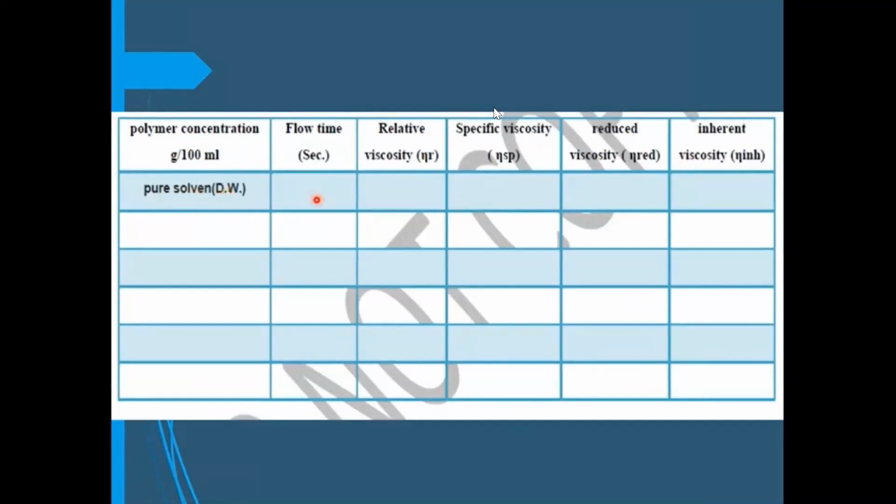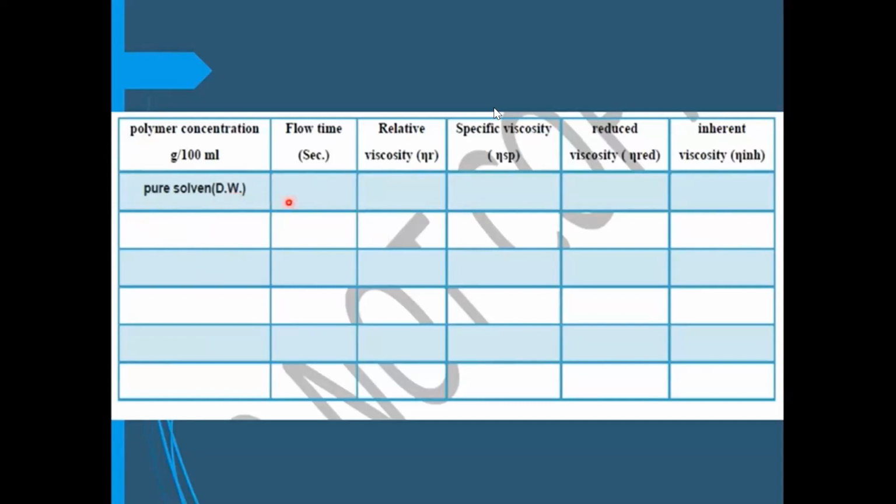That means T naught is the flow time for distilled water, and T1, T2, T3, T4, T5 are the flow times for the different concentrations of polyvinyl alcohol. We will explain how to calculate the concentrations of polyvinyl alcohol by using the dilution law, N1V1 equals N2V2, and I will explain it in the lab, inshallah.